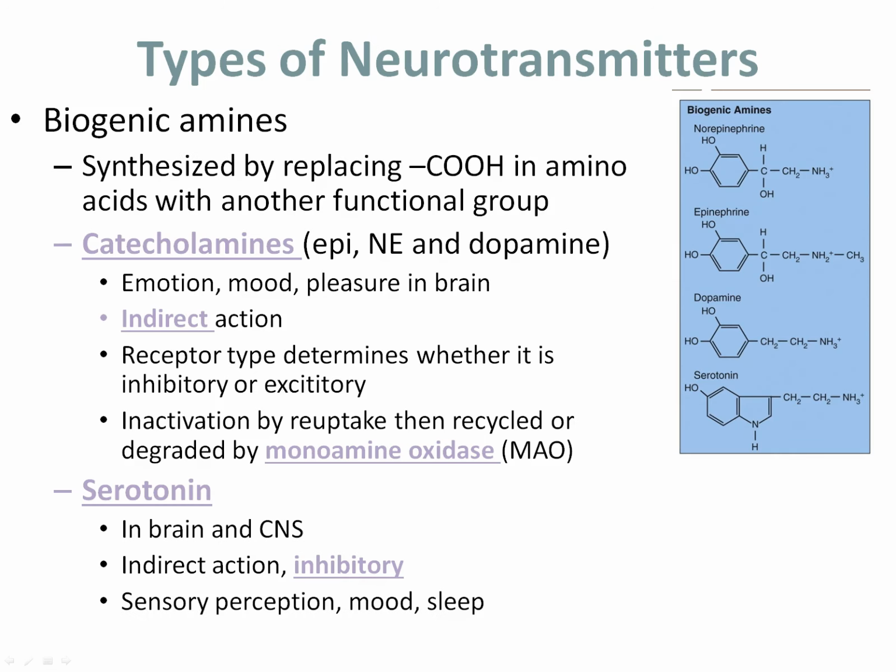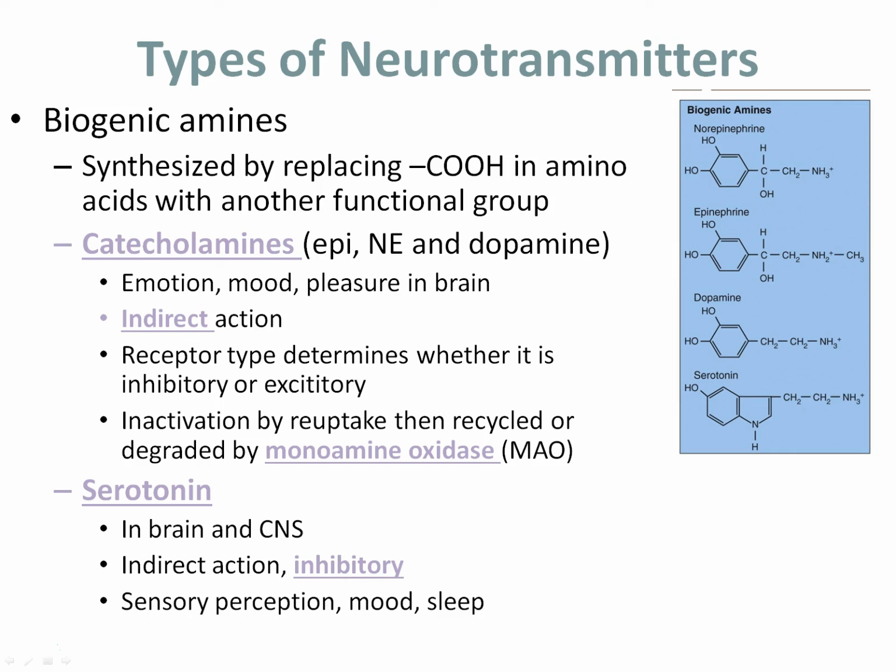We also have biogenic amines, which are synthesized by replacing the carboxy group in amino acids with a different functional group. We have our catecholamines, which include epinephrine, norepinephrine, and dopamine. And in the brain, when these are released, they deal with emotion, mood, and pleasure. These all function through an indirect action, which means they use metabotropic receptors.